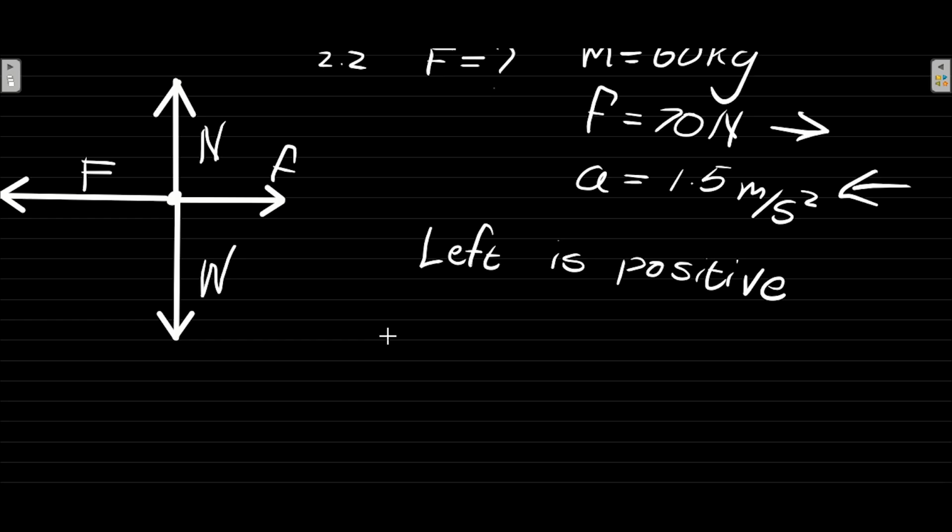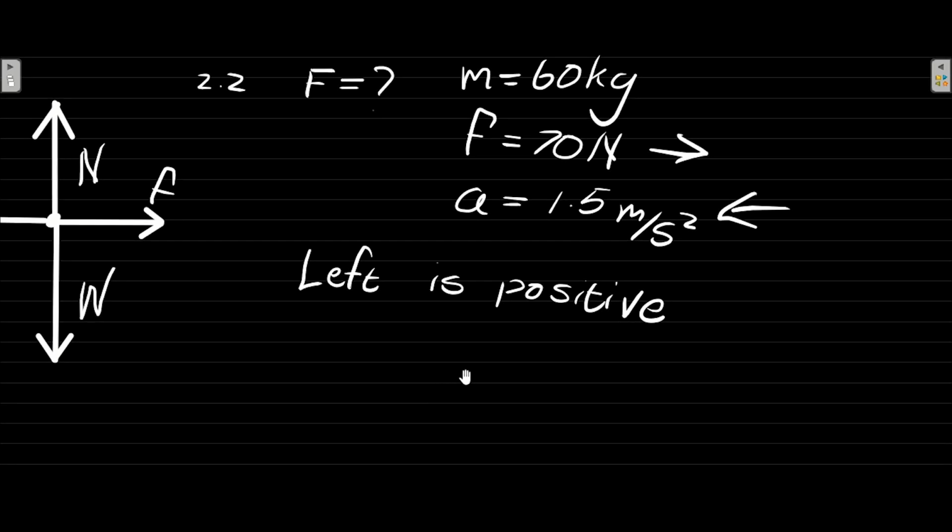Because it's in the direction of movement. But even if we said right as positive, we just have to indicate that this would be positive and that would be negative. But in this case, I'm saying left is positive, therefore that is positive, this is negative. It's important to stick to whatever assumption you make so that your answers are right at the end of the day.